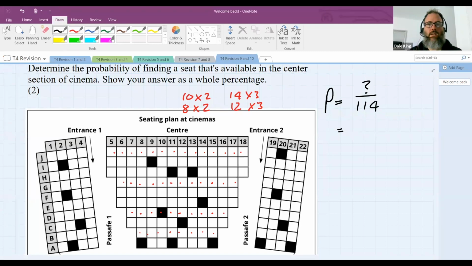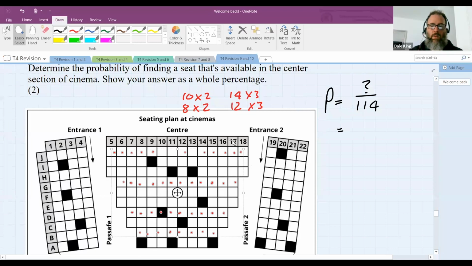Don't just write the answer. You have to show the fraction. Now, there's 114 seats in total. We want the ones that are available, so we've got to take away all the ones that are not available, and that'll leave us with the ones that are available.